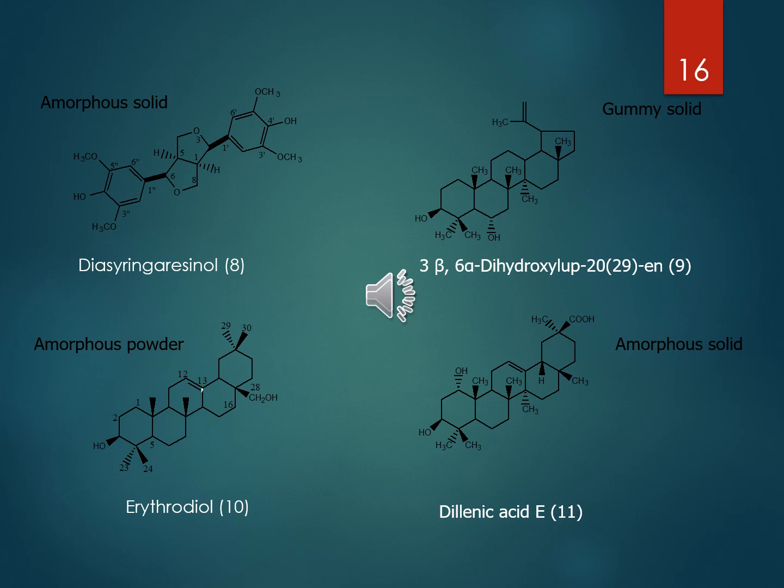The next molecule is 3-beta,6-alpha-dihydroxylup-20(29)-ene. This molecule is isolated from the less to medium polar fraction of the plant. This is a terpenoid molecule. Terpenes are molecules which consist of isoprene units, and isoprene is a C5H8 unit, which constitutes the basic building block of the terpene molecules.